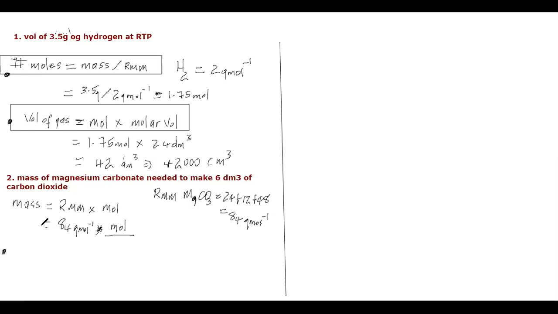Well, miss, is number of moles equal to volume given over molar volume? All right, so first we find the number of moles of CO2, right? So you said it's equal to what? Volume divided by molar volume. Volume given, yeah. Divided by the molar volume. All right.